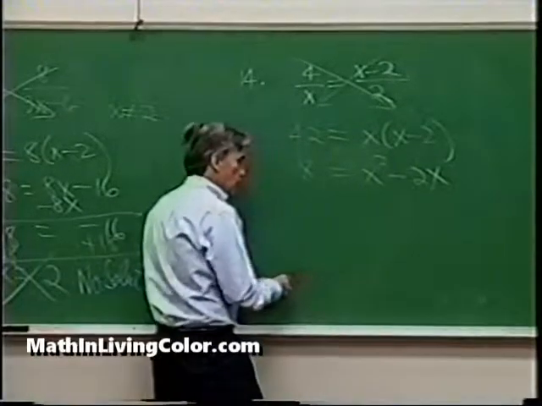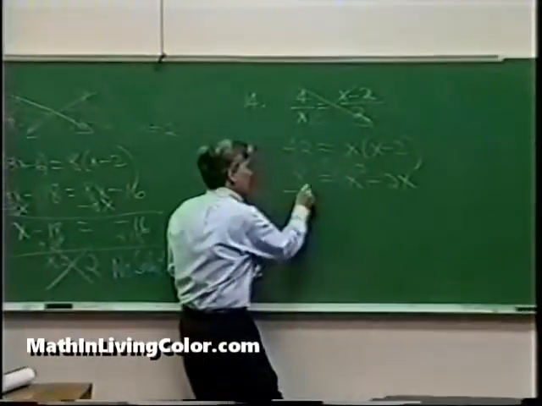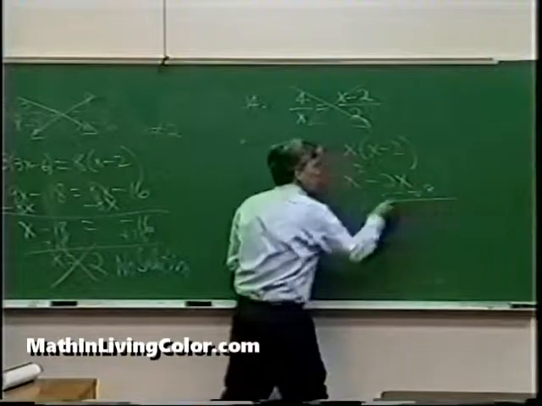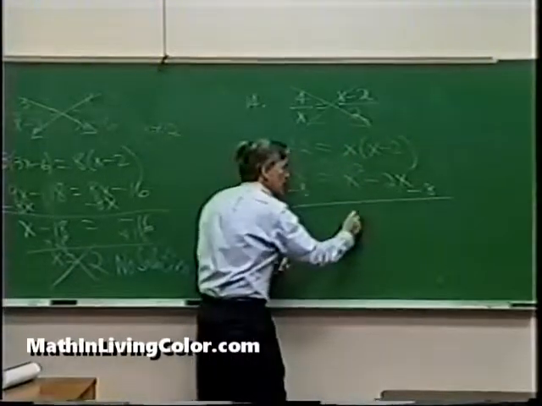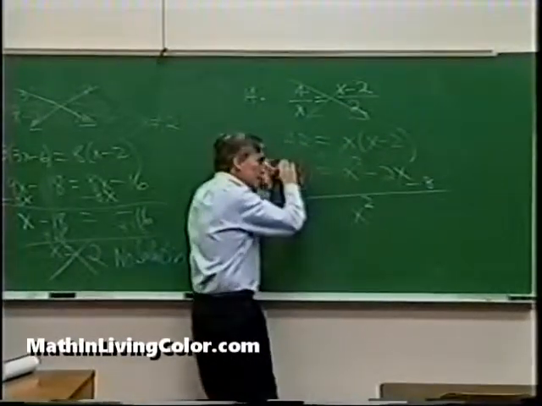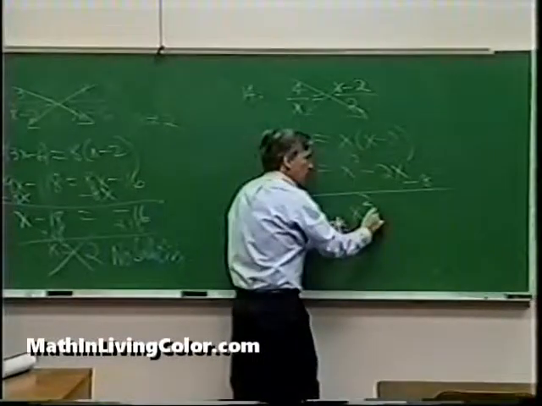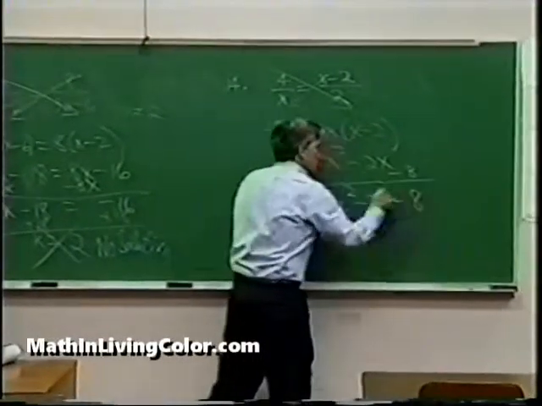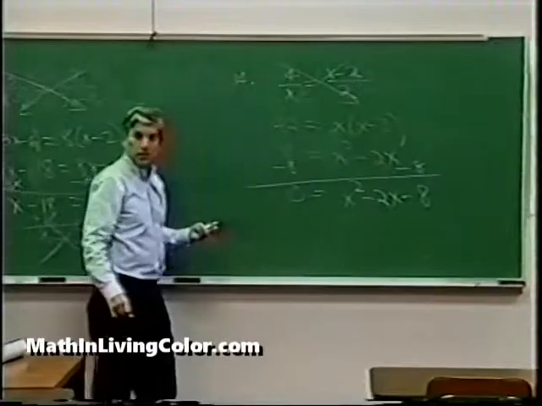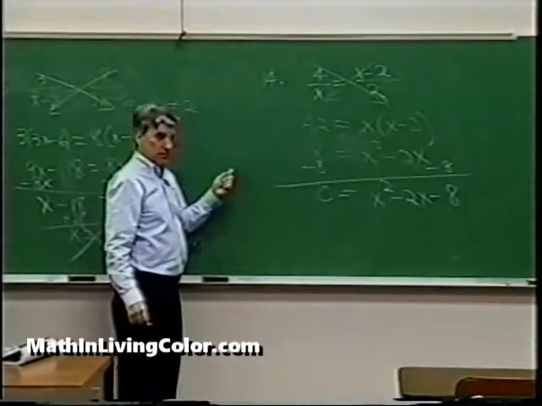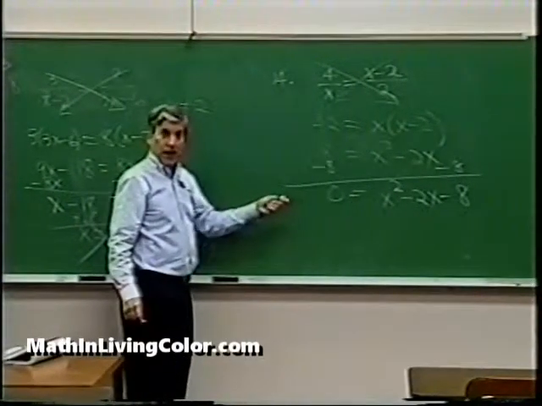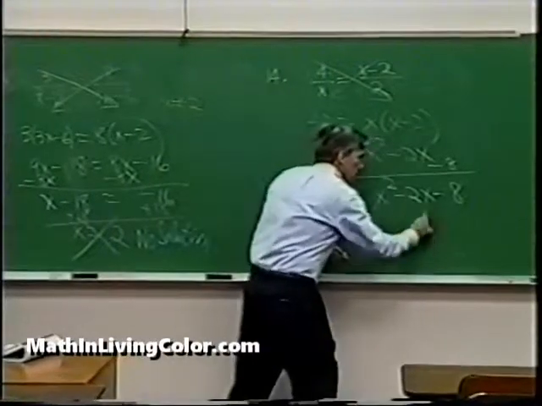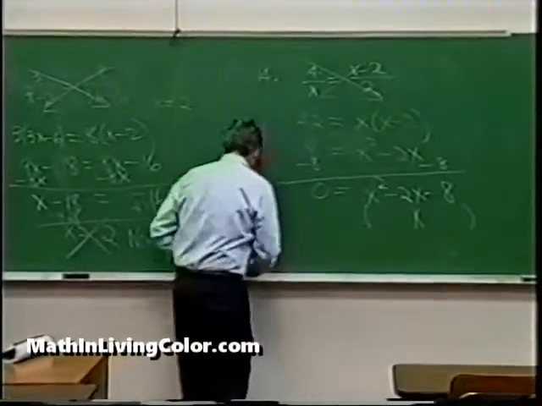So let's do a minus 8 to both sides. In order to keep the x squared term positive, I want to take the 8 over to this side, make it x squared minus 2x minus 8 equals 0. And now what's the key step? Factor it. Can everybody factor that trinomial?